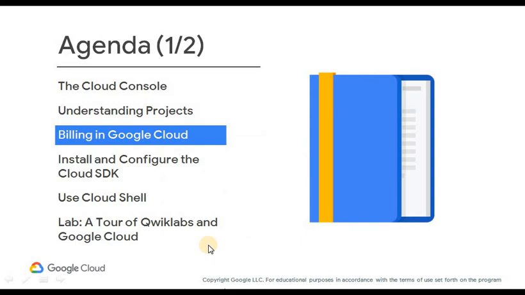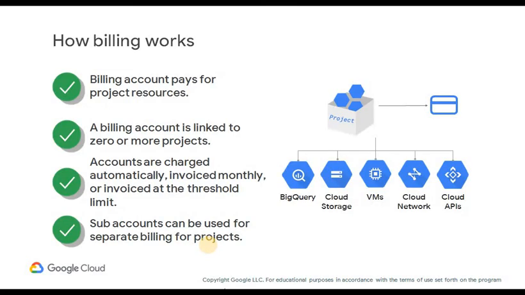In the next topic, you will learn how billing works in Google Cloud. Billing in Google Cloud is set up at the Google Cloud project level. When you define a Google Cloud project, you link a billing account to it. This billing account is where you will configure your billing information, including your payment option. You can link your billing account to zero or more projects.